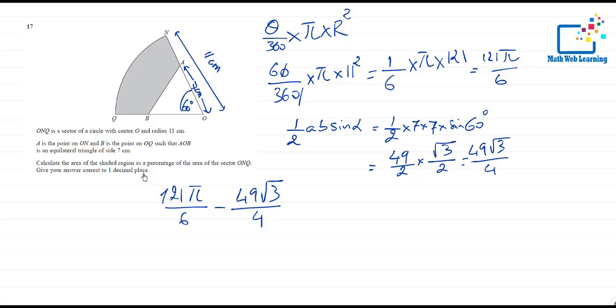Now, in order to give the answer as a percentage, I need to divide it by the total area of the sector. So I need to do all this divided by the same one as this, 121 pi over 6, and I times the answer by 100.